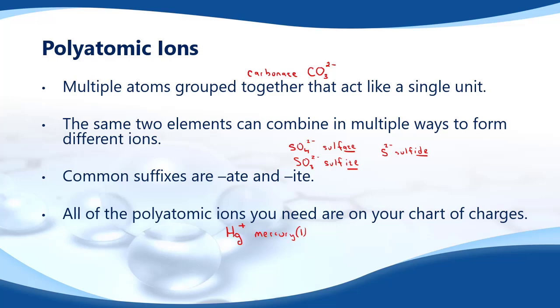On your chart of charges, it will say Hg2 with a +2, because mercury 1 is technically a diatomic ion. That's really tricky to work with. So I'm going to change it and have you put down this instead. Again, not technically what it is, but it will work easier for us at this stage in your chemistry development.